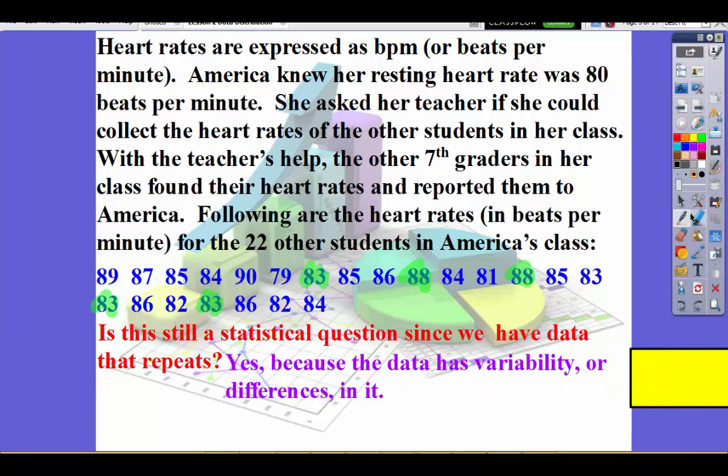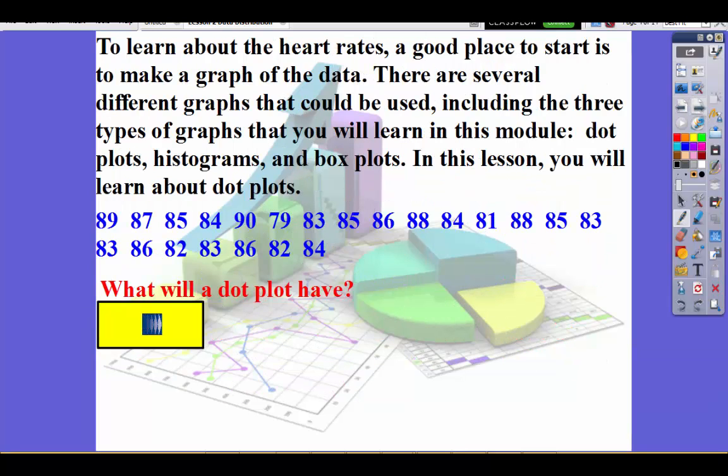It's still a statistical question because the data has variability or differences in it. We're allowed to have data that has the same numbers because we didn't force people to have 83. We didn't force people to have a heart rate of 88. So it's all about that variability, or is there the option for there to be change or differences in that data? Okay, let's look at our next one.